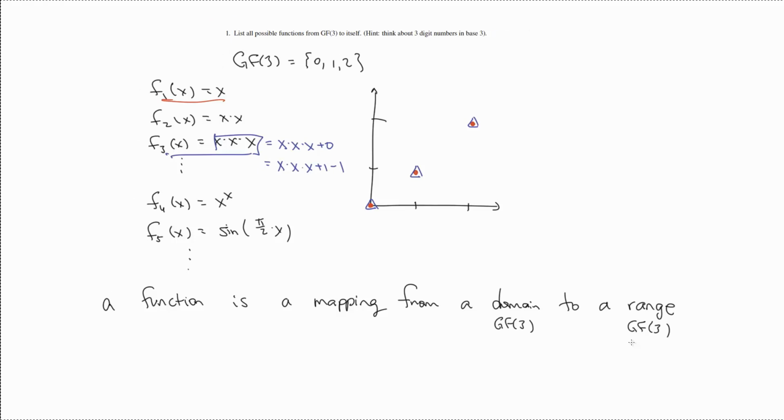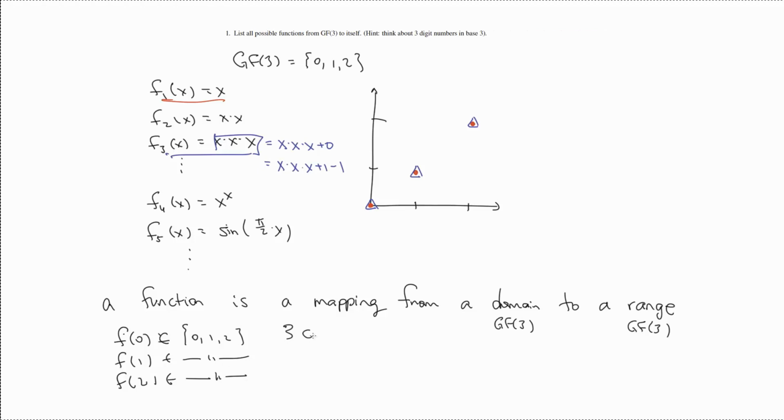Well, let's look at how many choices there are for f of 0. So f of 0 must lie in the set 0, 1, 2. Similarly, f of 1 must lie in 0, 1, 2, and f of 2 must also lie in the set 0, 1, or 2.